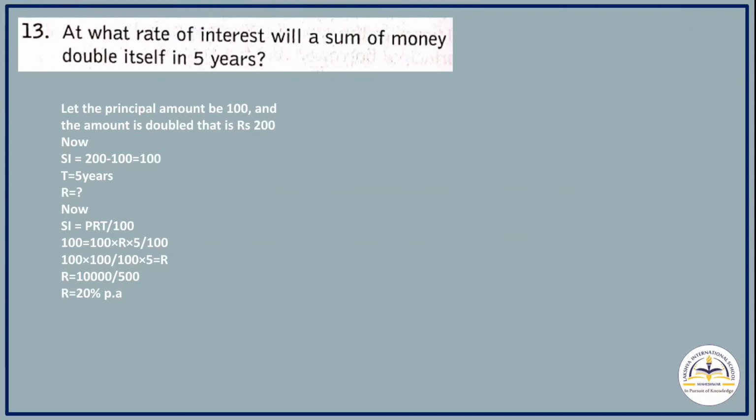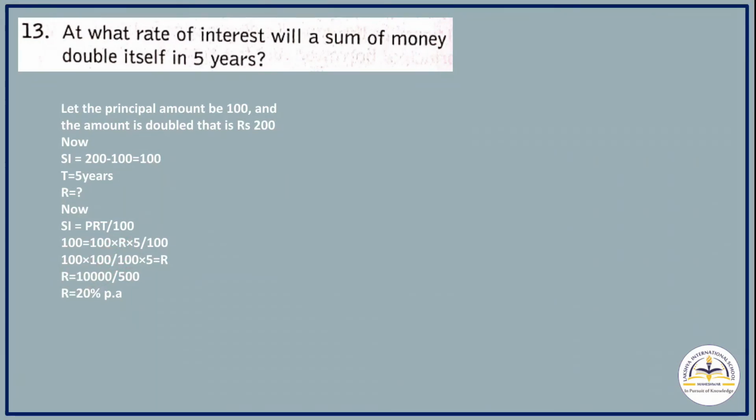Now question number 13. At what rate of interest will a sum of money double itself in 5 years? Let the principal amount be 100 and the amount is double, that is rupees 200. Now the SI will be 200 minus 100, that is 100. Now the time is given, that is 5 years. Now we have to find out the rate of interest. So we will apply the same formula. Simple interest equals principal into rate into time divided by 100.